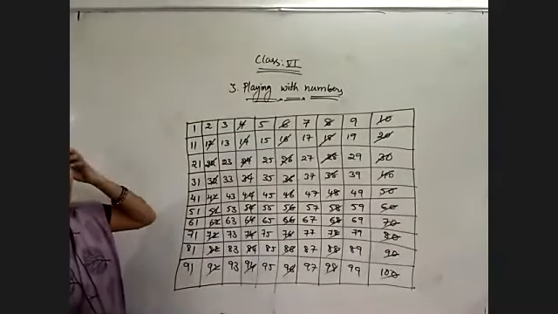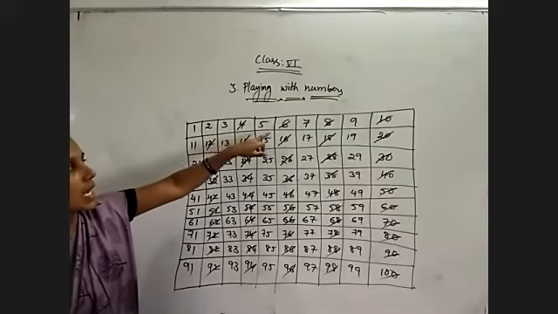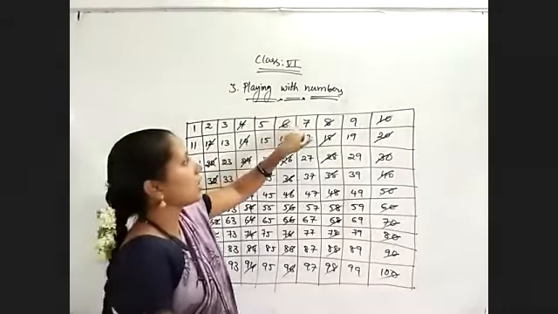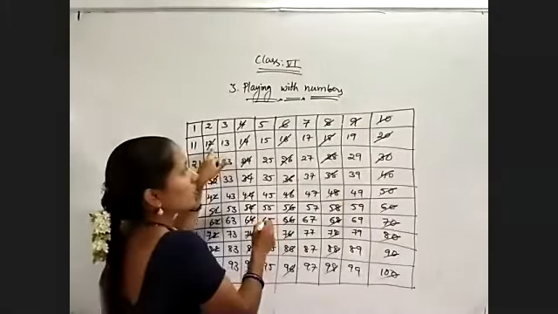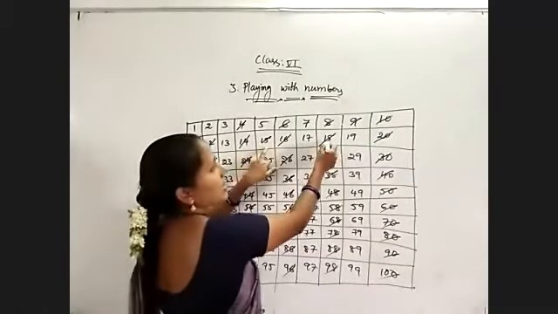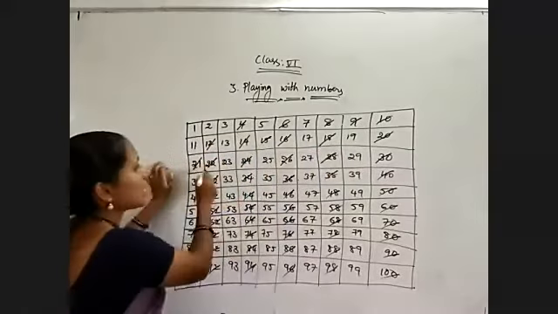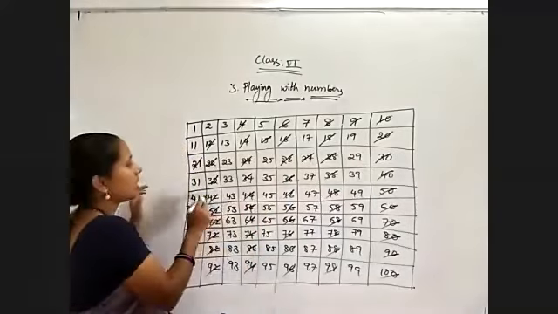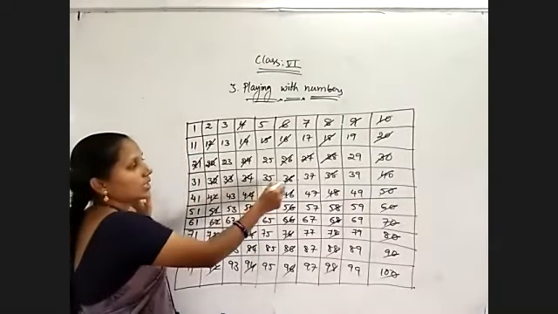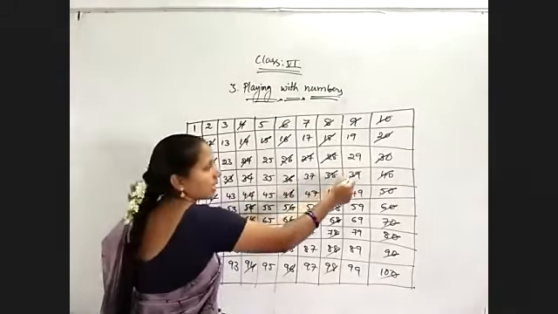Now coming to 3. So the 3 table. 6 already removed. And after that 9. 3 3s are 9. 3 4s are 12, is over. 3 5s are 15. 3 6s are 18. 3 7s are 21. 3 8s are 24. 3 9s are 27. 3 10s are 30. 3 11s are 33, 3 12s are 36, 3 13s are 39.